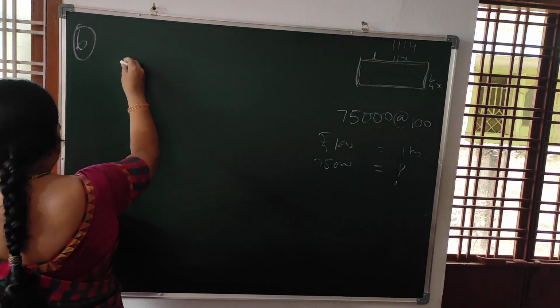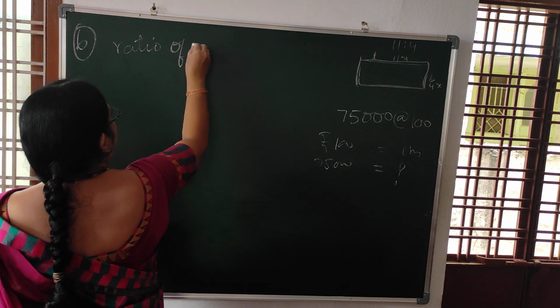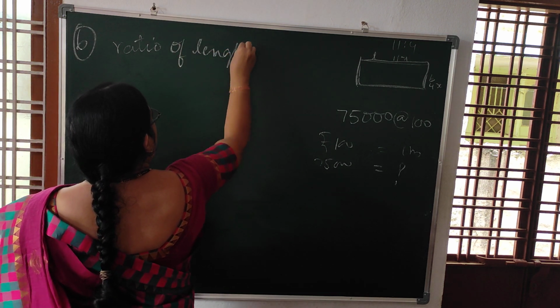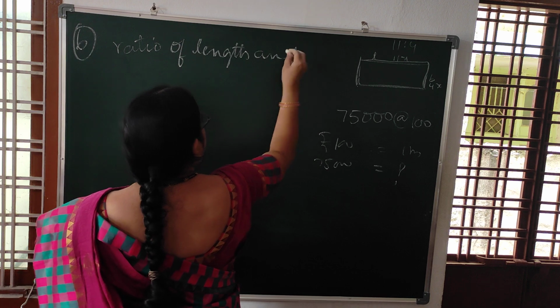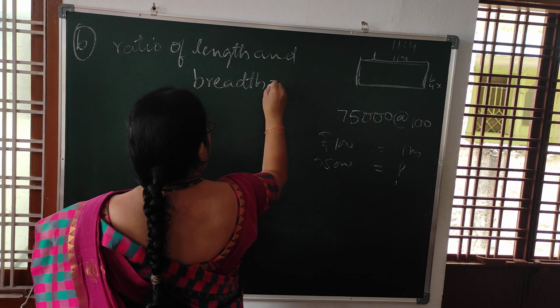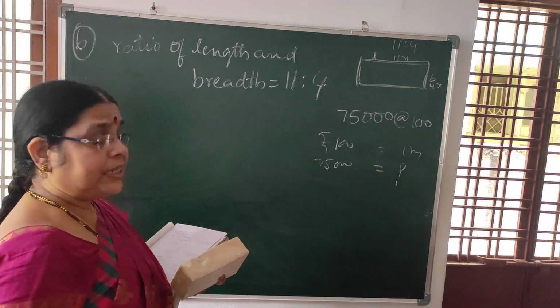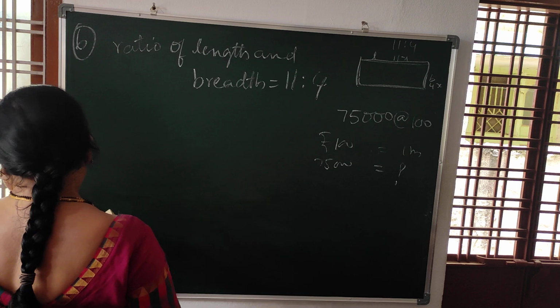So here, the ratio of length and breadth is given, 11:4. The ratio of length and breadth is given 11:4.